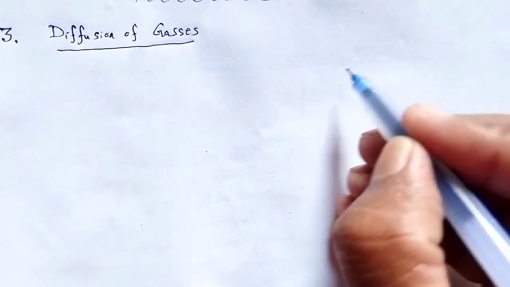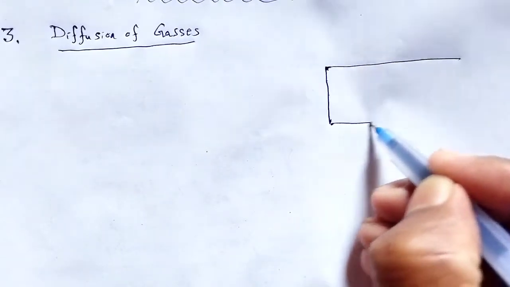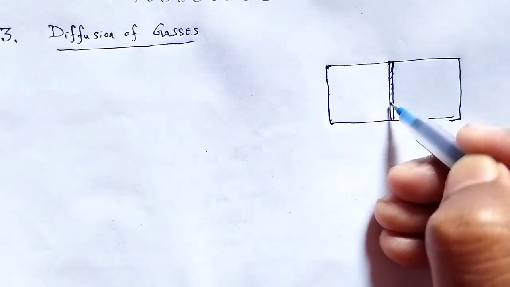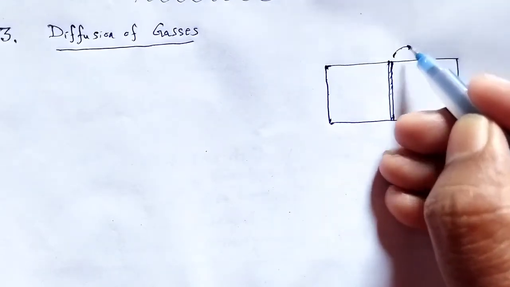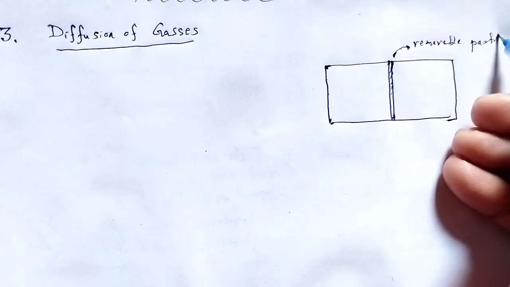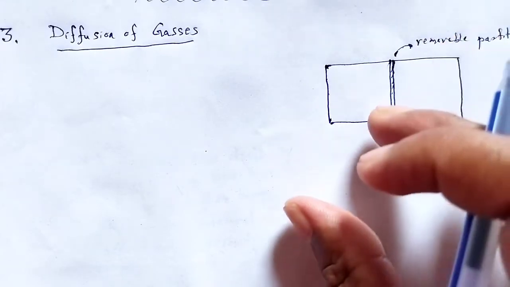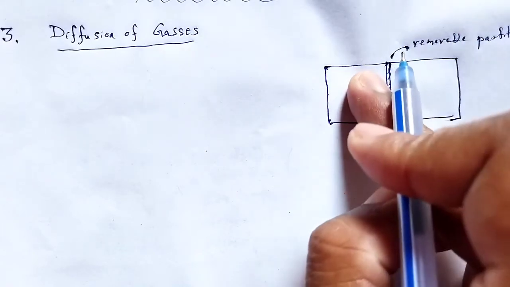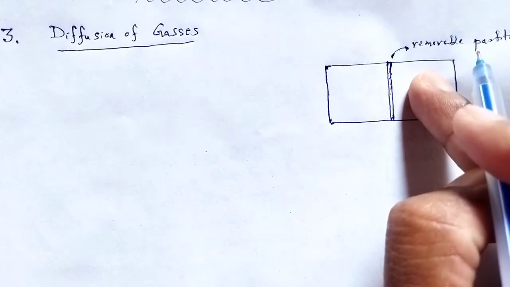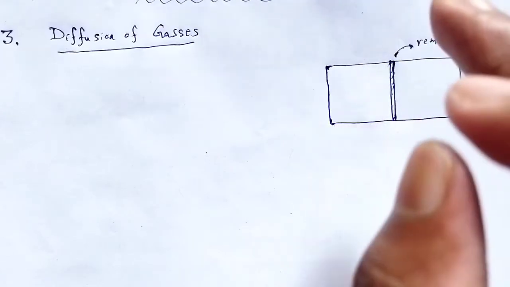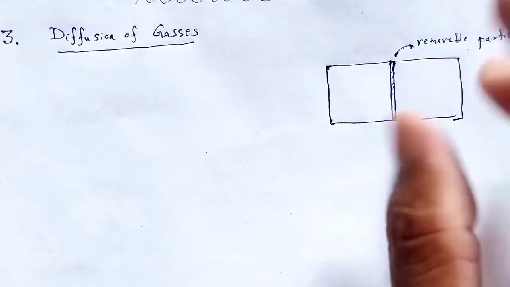Consider a vessel which is divided into two halves with the help of a removable partition. There are two different gases at the same temperature and pressure. That portion has a gas, that portion has another gas. The gases are different, but the pressure and temperature are the same for both.